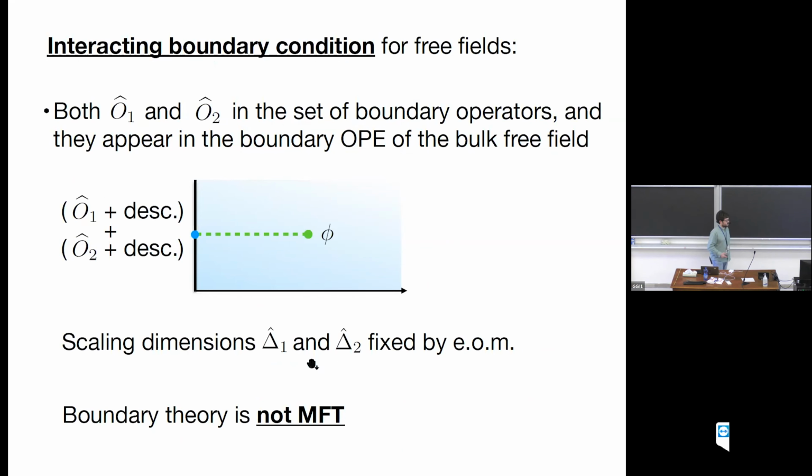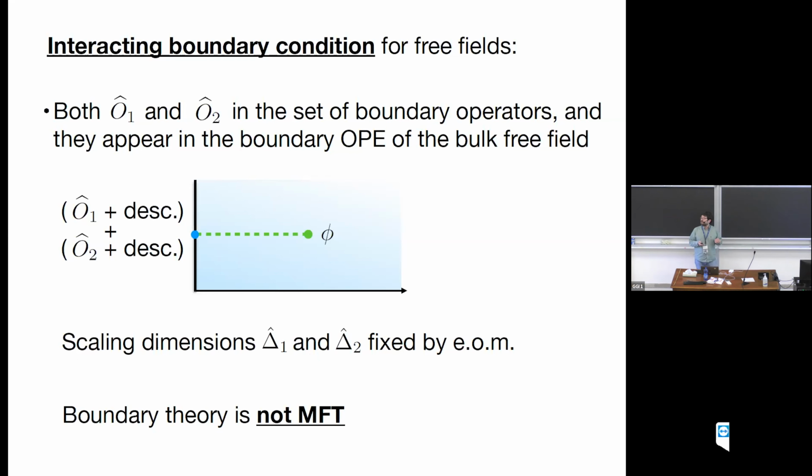Their scaling dimensions are still going to be fixed by the bulk equation of motion, but they will both be non-trivial. And in this case, the correlation functions are not given by Wick contractions. They're going to be some complicated correlation functions, which is not mean field theory. Okay, so this is the formalization of the idea of an interacting boundary condition for a free field.